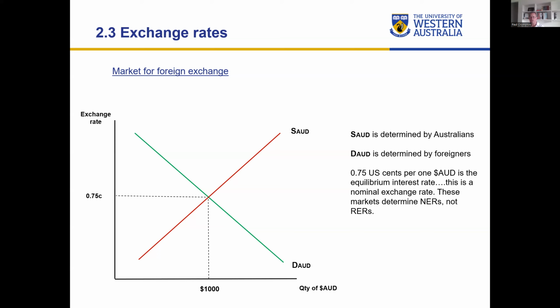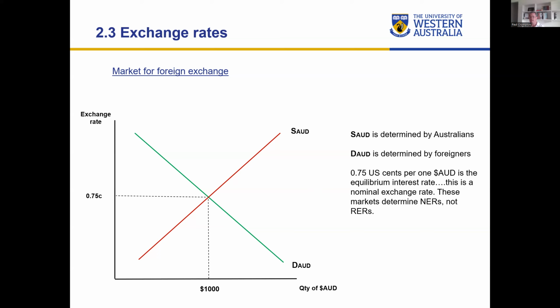But just for now, we'll assume that most of the demand for the Australian dollar is generated by foreigners wishing to buy Australian dollars, presumably because they want to buy something Australian. And by something Australian, I mean a good, a service, or an asset of some sort.